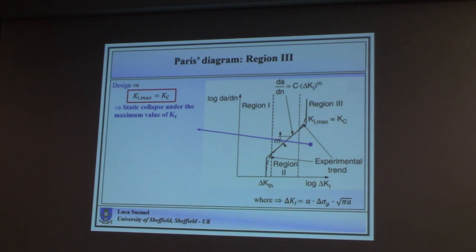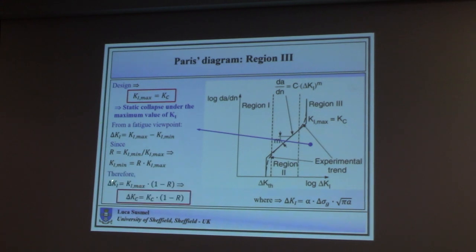But if we want to put everything together in a consistent way in this diagram, what we need to do is a very simple calculation. We know that by definition delta K1 is K1 max minus K1 min. We know that the load ratio R is K1 min divided by K1 max. This means that K1 min is equal to R times K1 max. According to this definition, delta K1 can also be expressed as K1 max times (1 minus R).